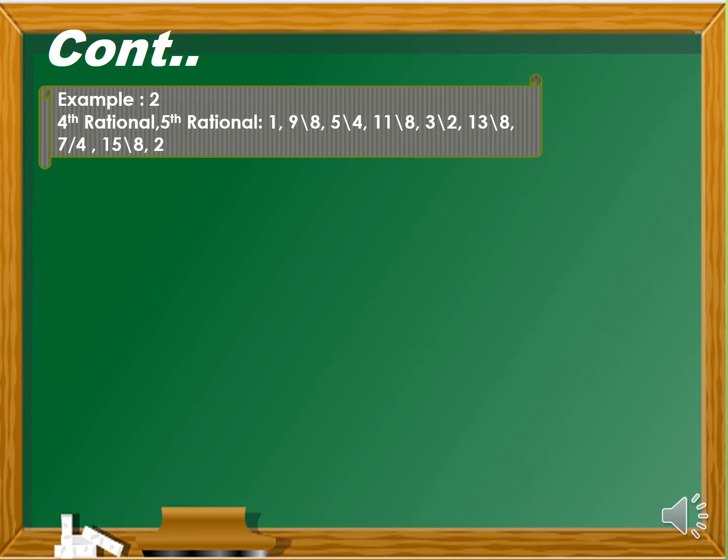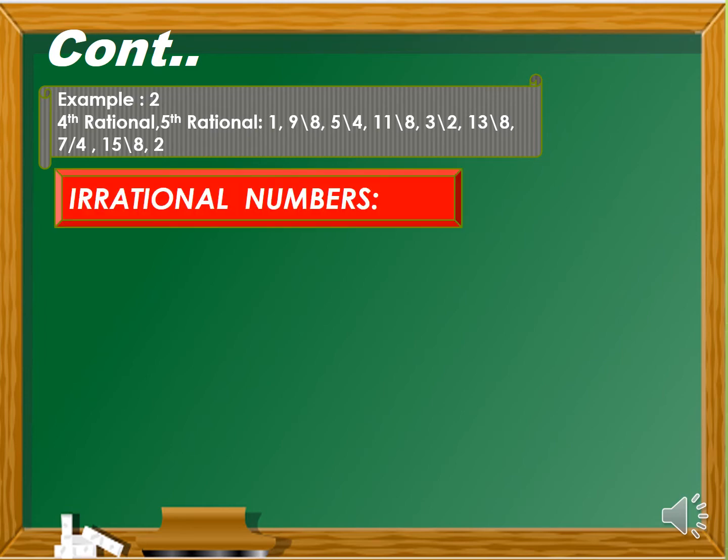So the next thing we are going to discuss in the video is irrational numbers. I have told you that irrational numbers are in the form of decimal numbers. So here irrational is decimal and we are going to see briefly about it.